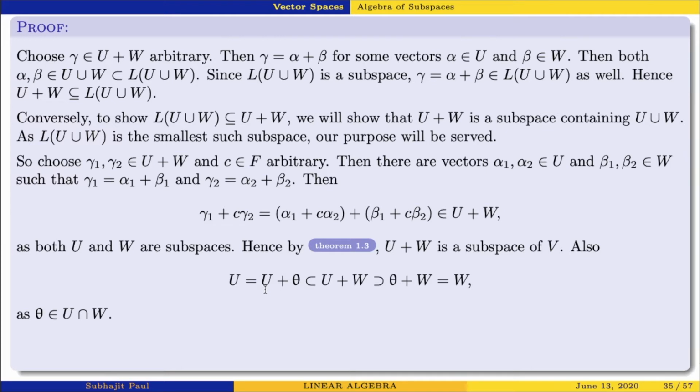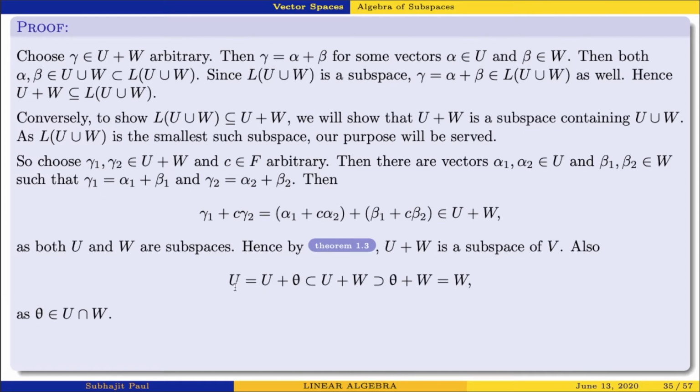Now theta is a particular choice of vector from W. So therefore, U plus theta must be contained in U plus W. Also, W can be written as theta plus W, and here theta is acting as the particularly chosen element from U. So U plus W contains this theta plus W as well, which is W.